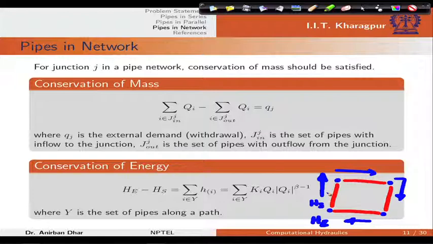So, obviously if HE and HS are the same quantity, the difference should be equal to 0. So, for a particular loop in the network, we should have a total head loss equal to 0.